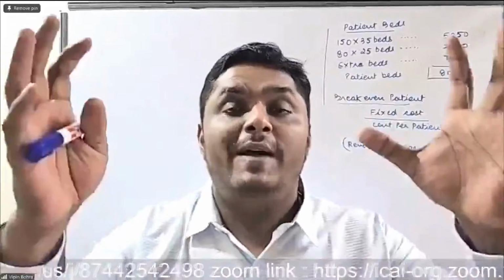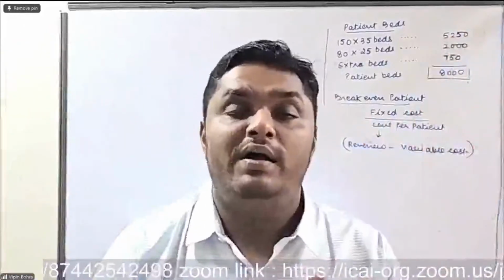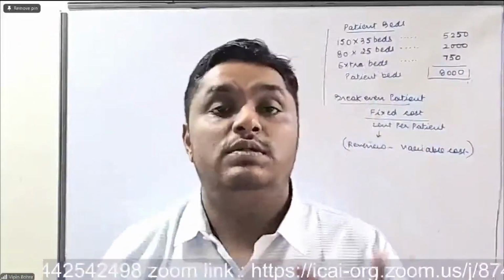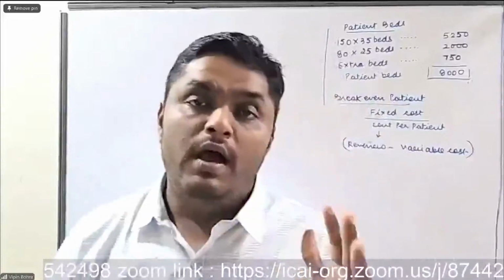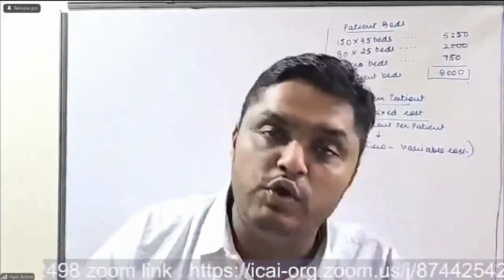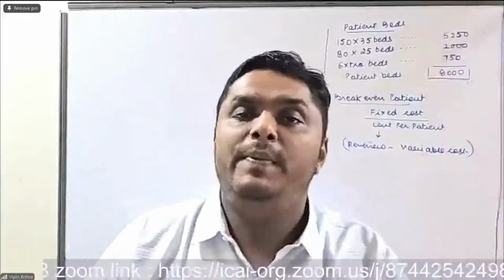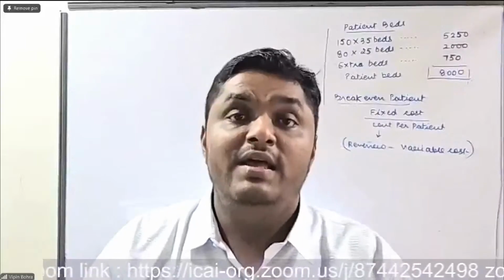So here in this question, we have to bifurcate the cost into two parts, that is variable cost and fixed cost. If the examiner does not ask for the break-even point or anything like that, you can simply prepare a statement of cost. But here the question is asking us to calculate the break-even point.